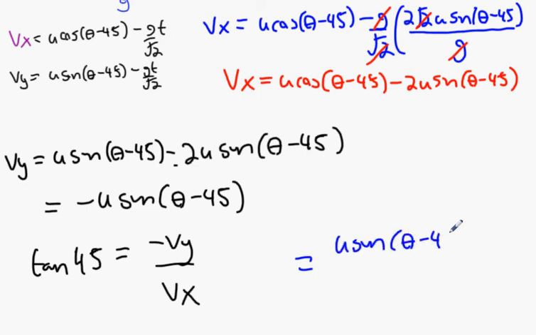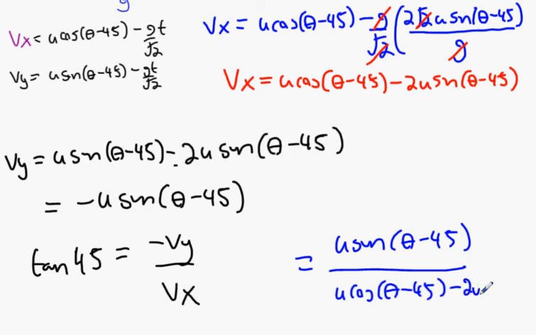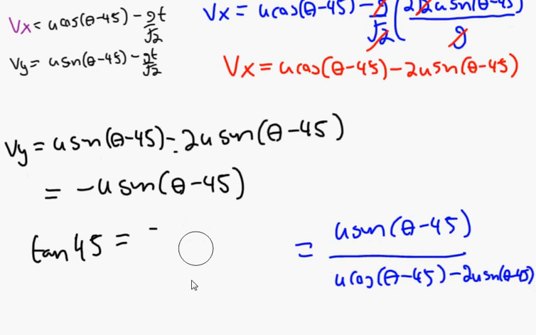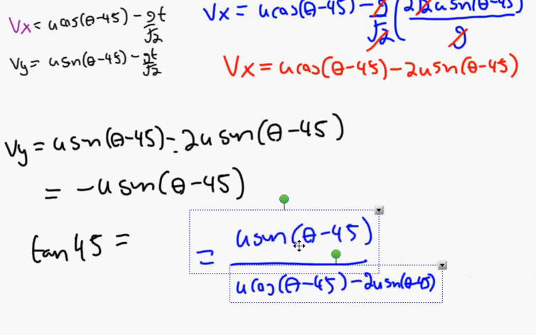I multiplied it by minus. And I have this all divided by u cos(theta minus 45) minus 2u sin(theta minus 45). Try and squeeze all that in there. Just going to rub that little middle part out. Bring this here. Bring it over.